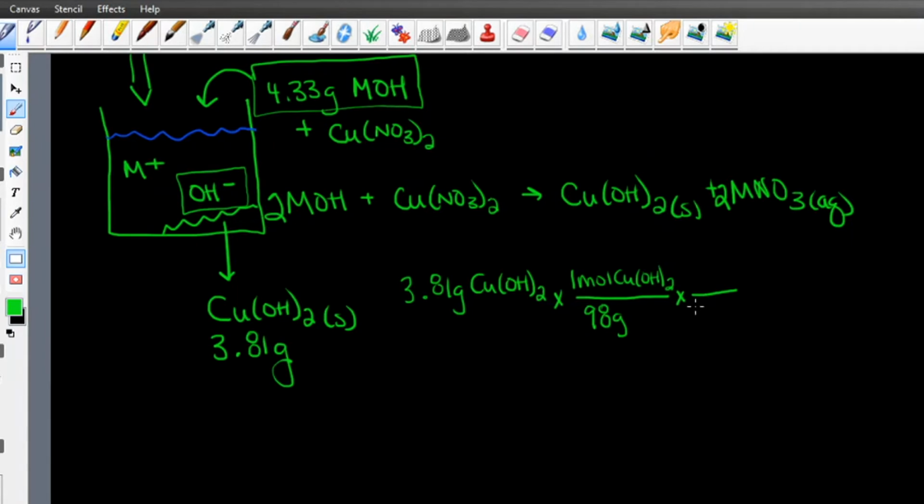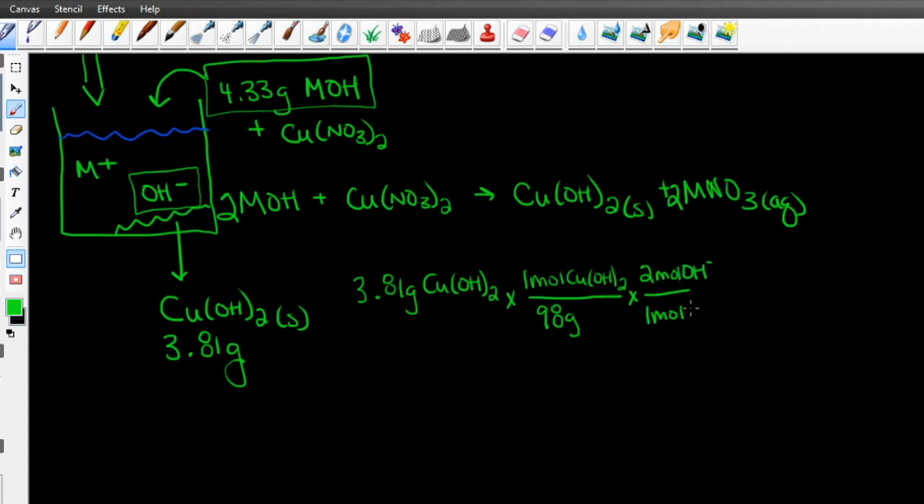And for every 1 mole of copper hydroxide, I get 2 moles of hydroxide. And for every 1 mole of hydroxide, I have a molar mass of 17 grams. This calculation right here will give me the mass of hydroxide that was in my original sample.